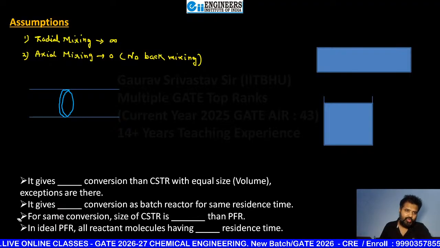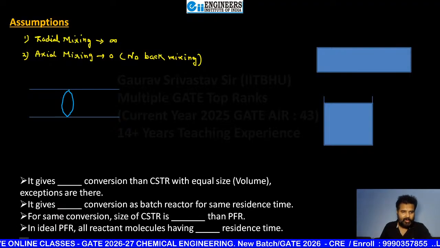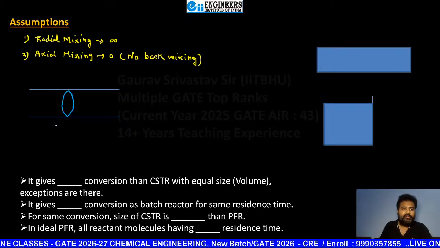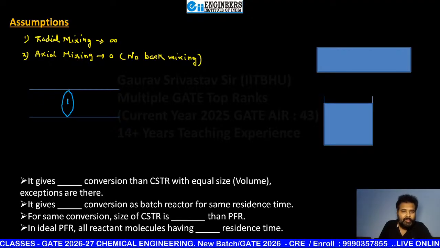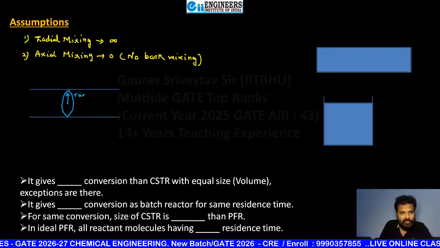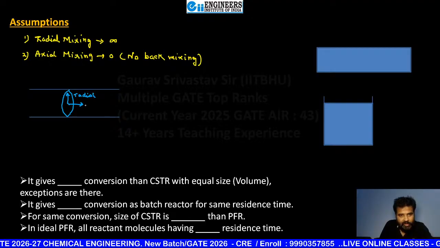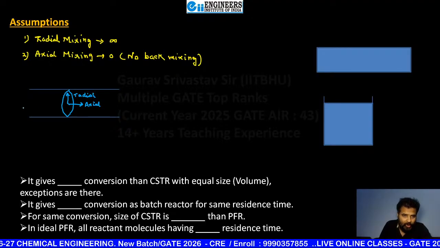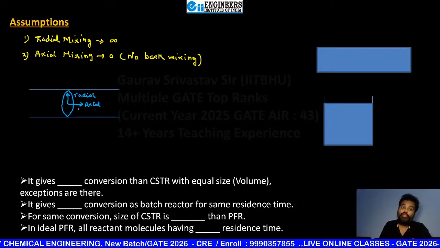Let's look at it in 2D, we'll make the 3D in the next diagram. In this element, this direction is, as I told you, the radial direction, and this direction is the axial direction. So axially there is no mixing and also there is no back mixing.